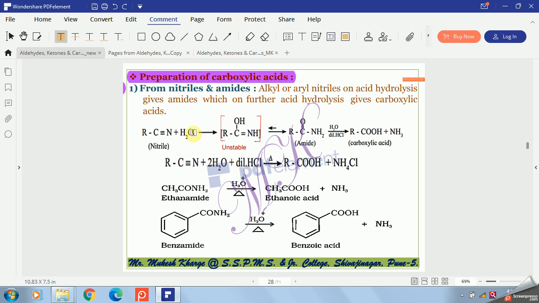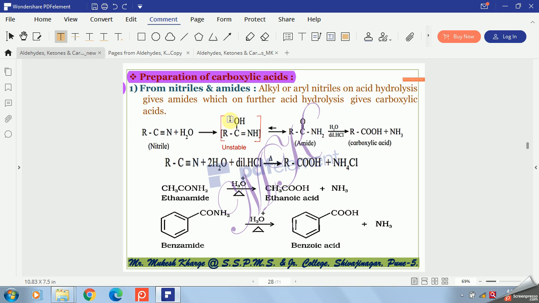So the negative part, OH, that is the nucleophilic part, gets attached to the electron deficient, that is electrophilic, center of your cyanide, that is carbon. So OH is added to carbon and hydrogen is added to nitrogen. Triple bond gets converted to double.